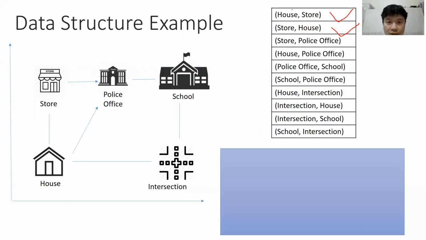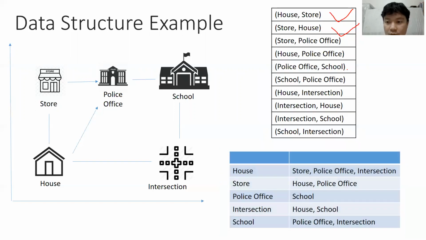Once you have this data structure, you may think that okay, it is fine. But as you may know, the representation of the data can be in another way. For example, we can make it in this kind of structure. Here, the structure is about how you manage the data according to the origin. For example, if it is from house, then there will be directions to store, police office, and intersection.